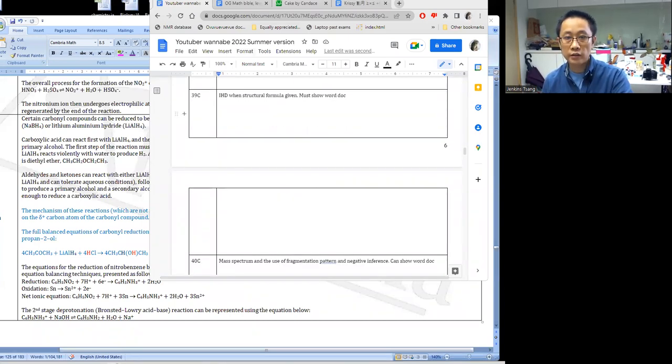Question 39, what is the index of hydrogen deficiency of a molecule whose structural formula is given? This is Panadol, a painkiller, and this is the structural formula presented in the paper. I've seen students try to come up with the molecular formula by counting the carbons and hydrogens, and then use the IHD formula. That's not how it's supposed to be done.